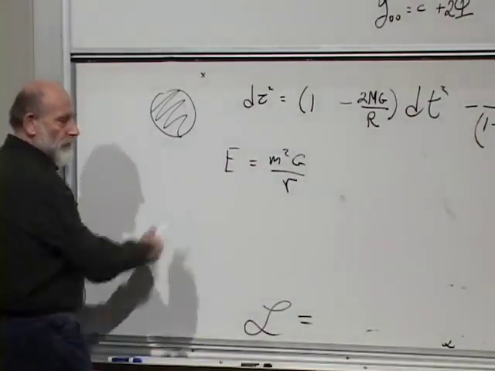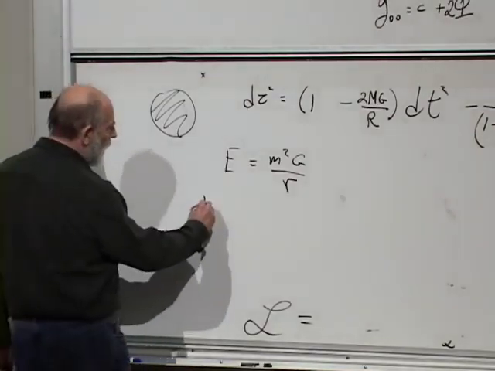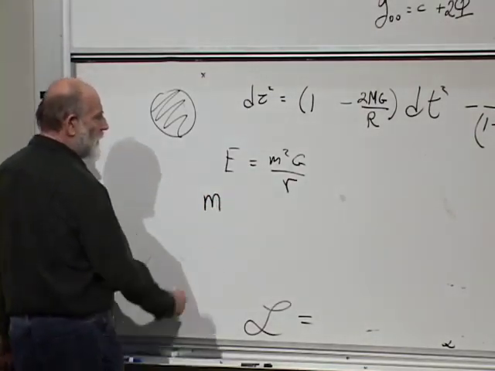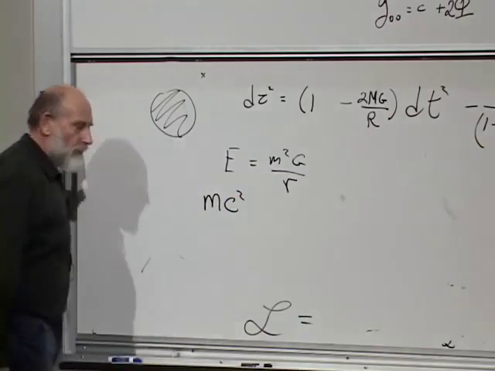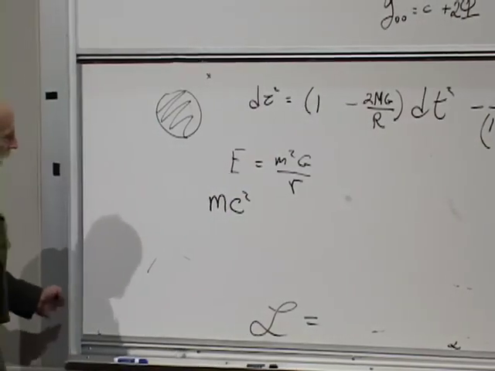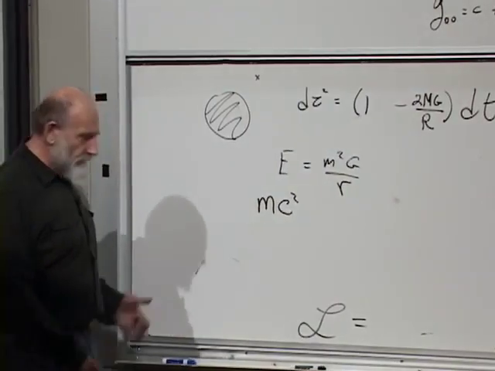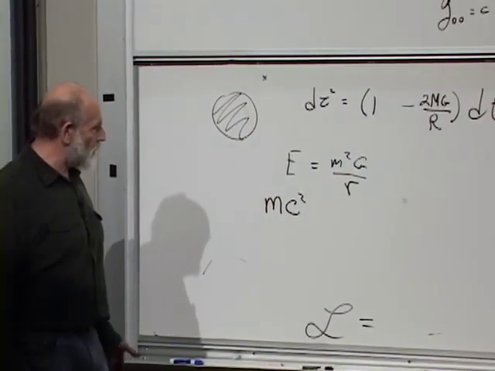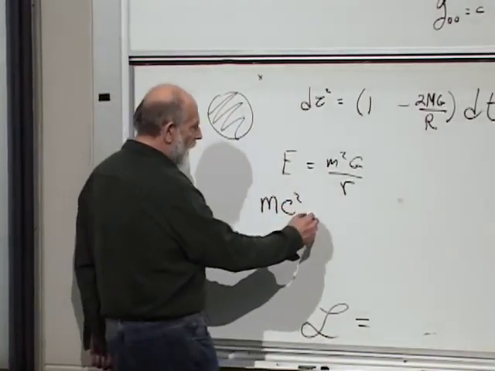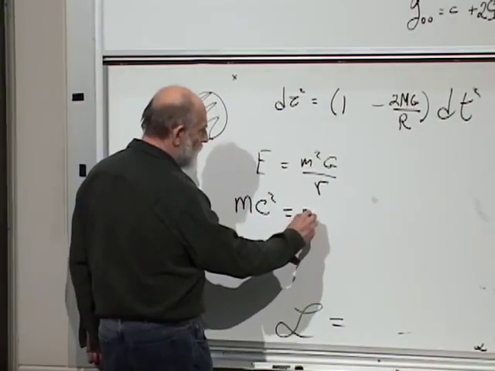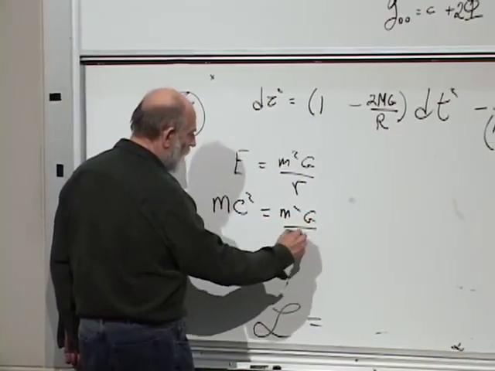So what are the units of energy? Units of energy are mass times velocity squared. Let's use c squared, as c has units of velocity because it's the speed of light. And that's got to equal m squared G over r.